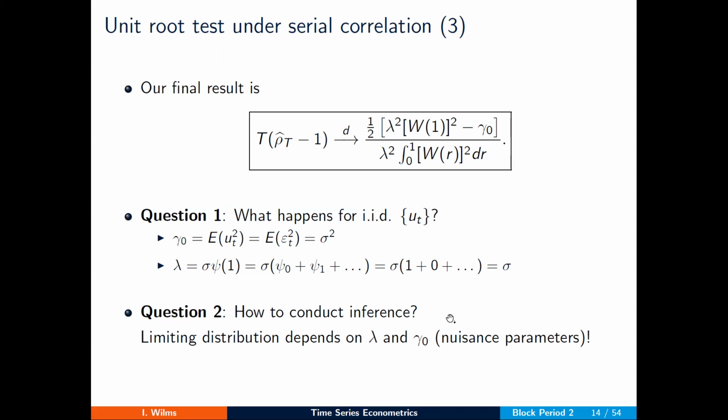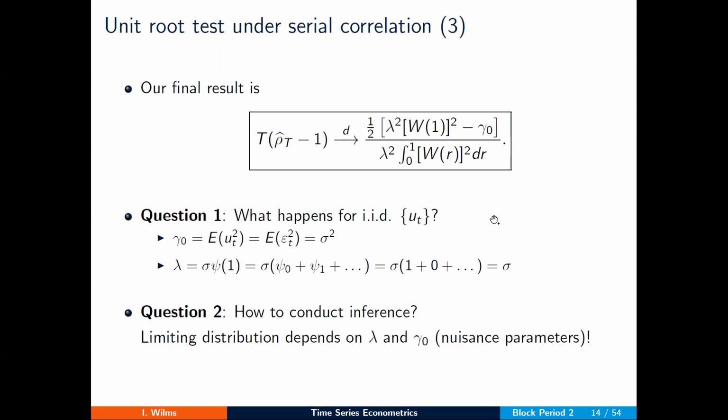The next question is then how to conduct inference. Well, last time we simulated from the limiting distribution, which we could do since it was only built up from standard Brownian motions. But this time, it also includes so-called nuisance parameters, lambda and gamma naught. And we do not know what their values are.